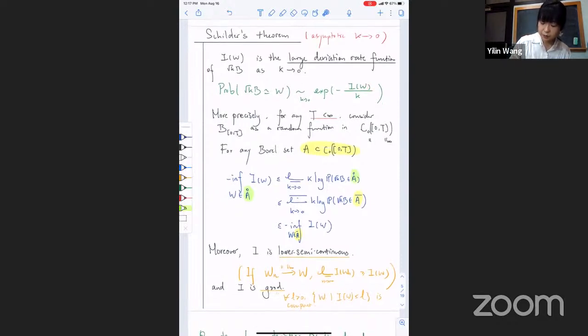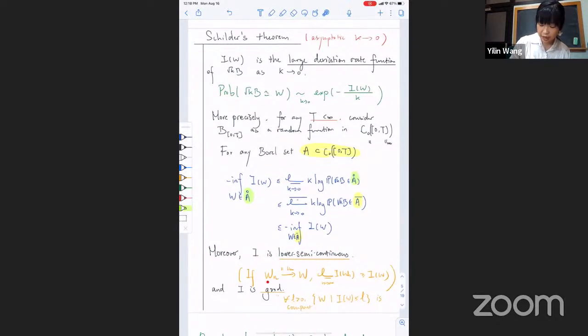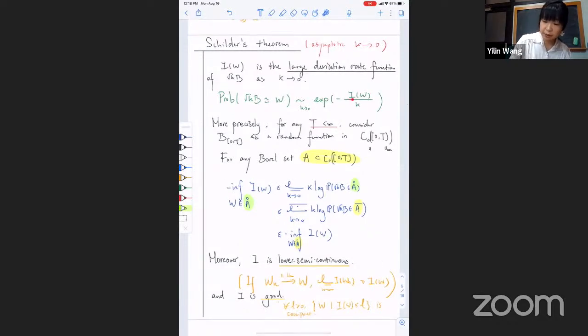And we always ask this rate function, which I will call the rate function I, to be lower semi-continuous, which means that if you have a sequence of functions converging for this topology, then the lim inf will be larger than the energy at the limit. So if you take epsilon to 0, here it will go to the function itself.